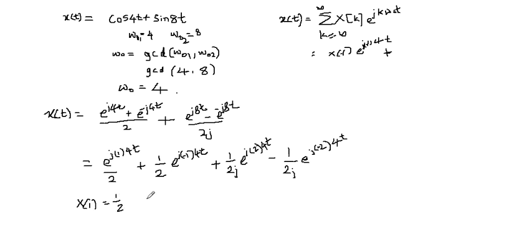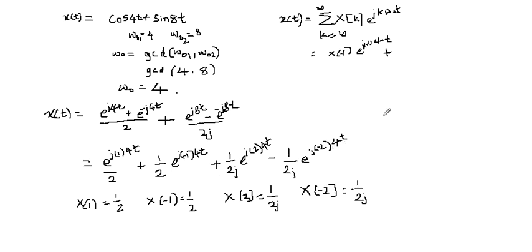The value of x of minus 1 is also 1 by 2, and the value of x of 2 is equal to 1 by 2j, and similarly x of minus 2 is minus 1 by 2j.